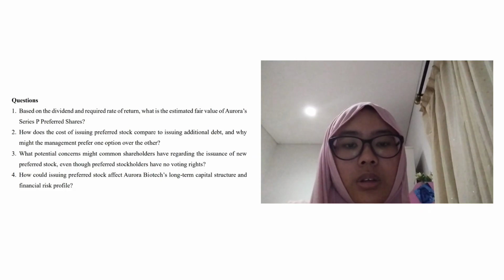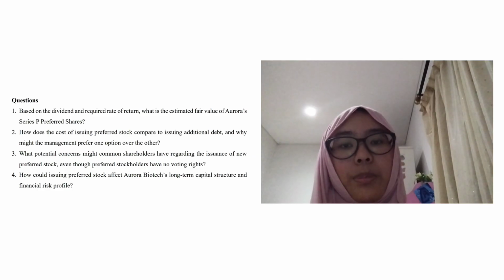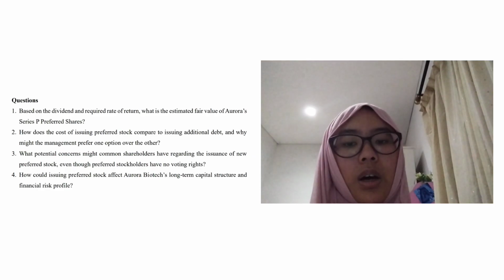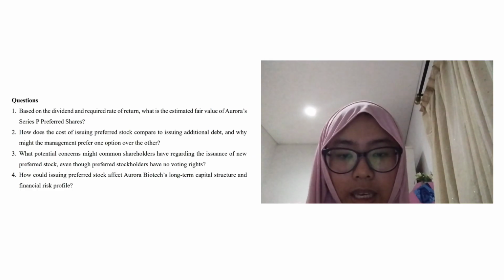It also lowers the risk of bankruptcy compared to debt, but it increases the overall cost of capital and adds a permanent fixed payment obligation to the balance sheet. And that is for the first case.